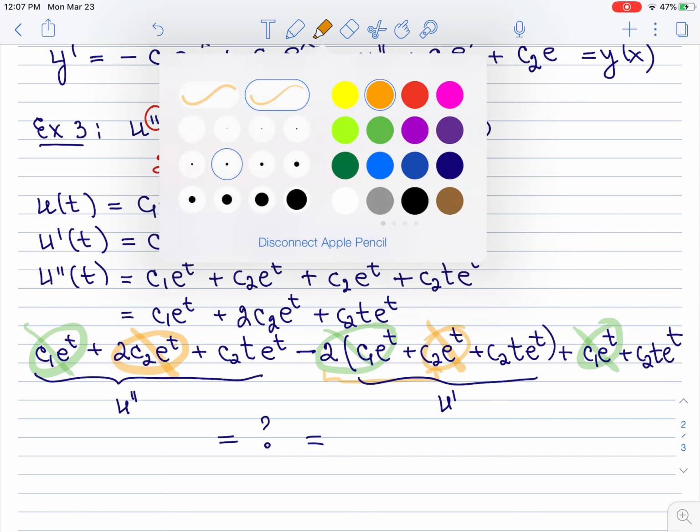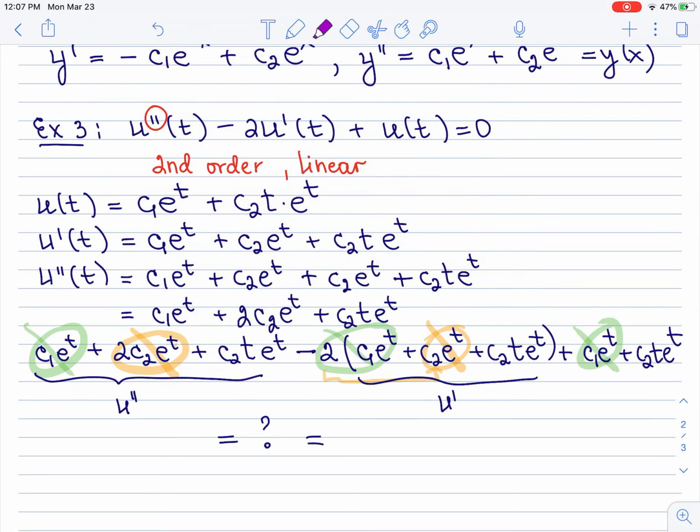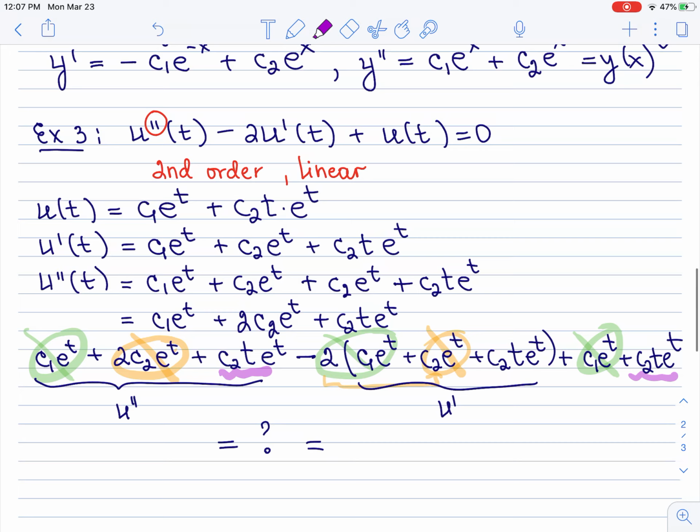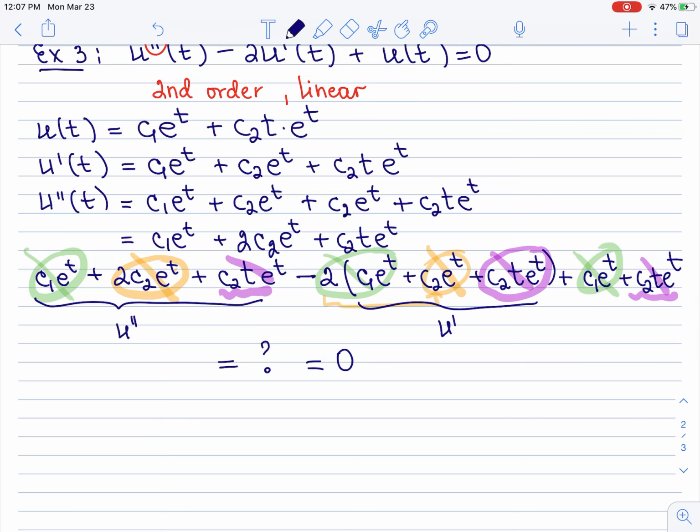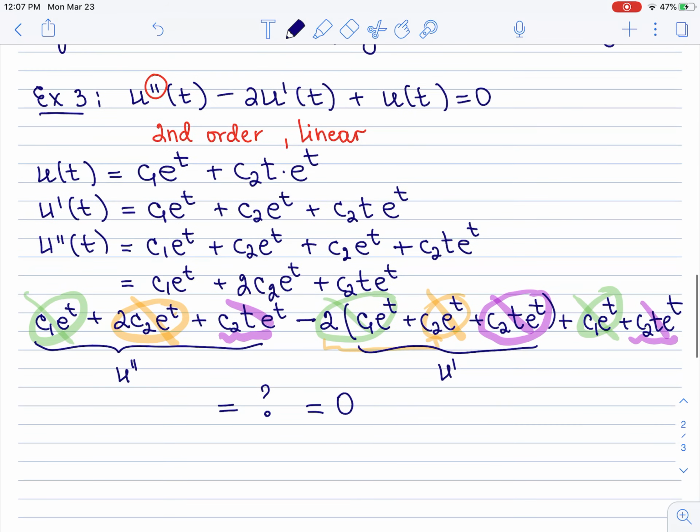What else we got? c2t e to the t: 1, 2, and then there's 2 negatives over here. So that's also gone. Everything cancels out, so the answer is 0. All right, so this function is a solution to this differential equation.